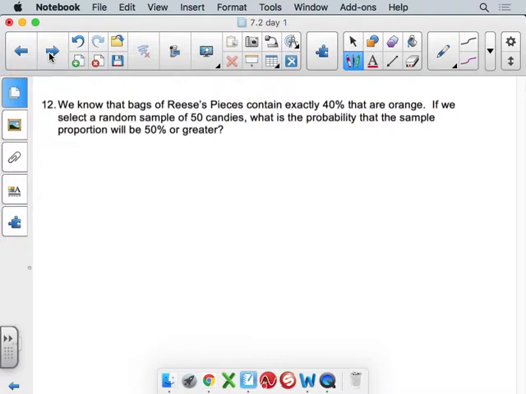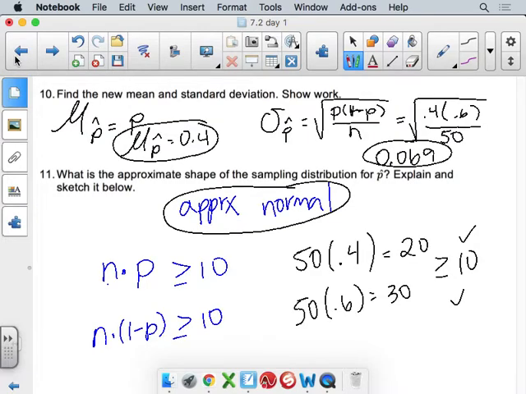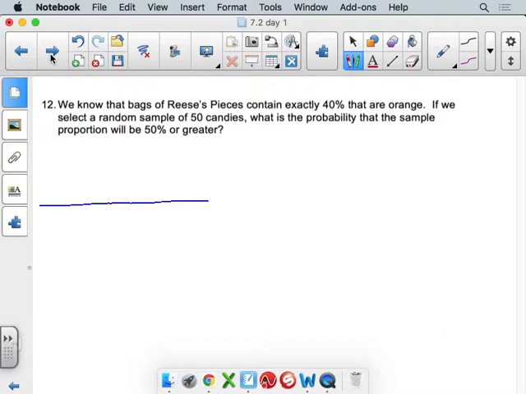So what I have is I just proved that I have a normal distribution, with a mean and standard deviation. So I'm going to draw a normal distribution, and it should be centered around that 40%.